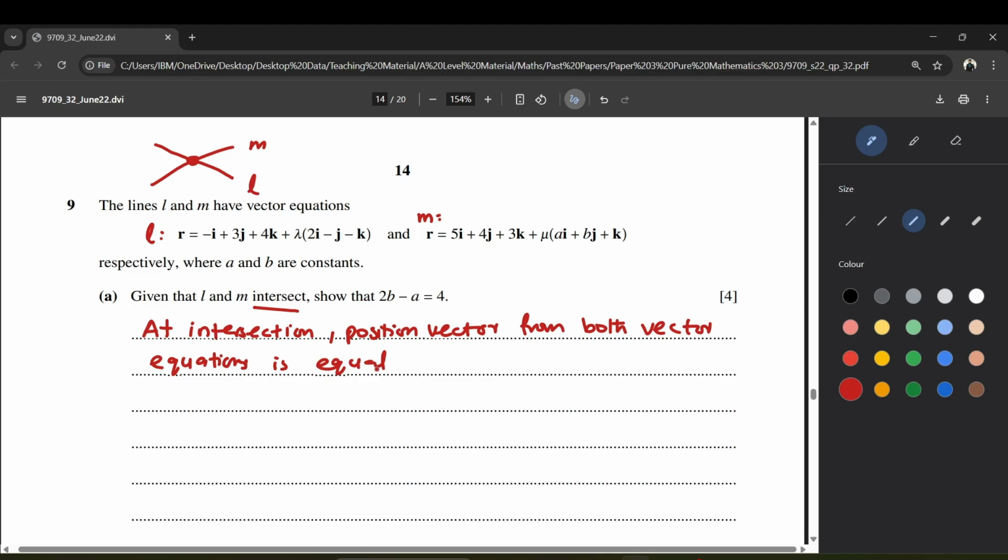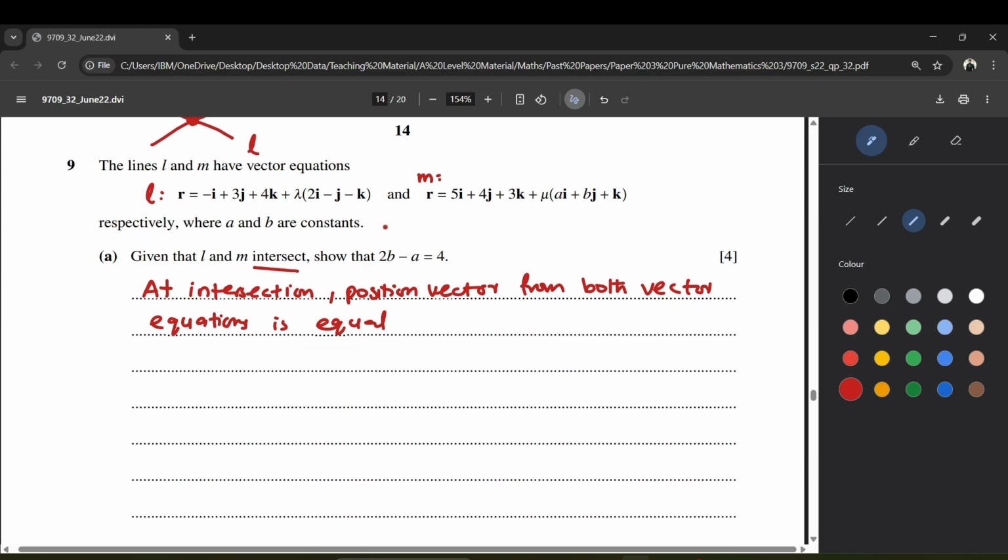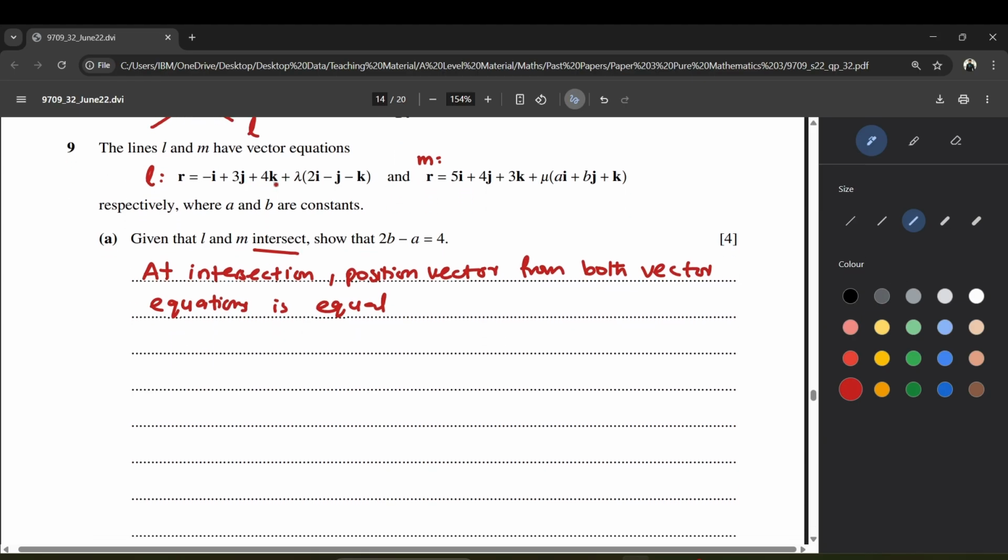That means we have to equate both of these vector equations, right? So let's see what we mean by that. First, let us write this in a simplified form.